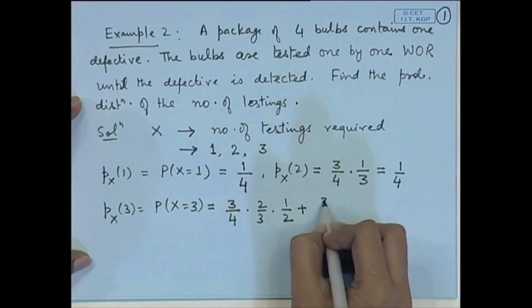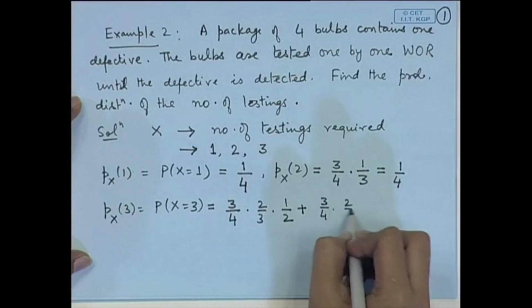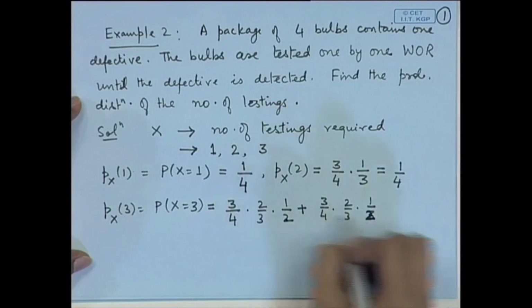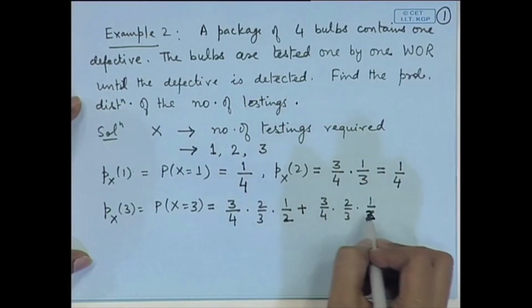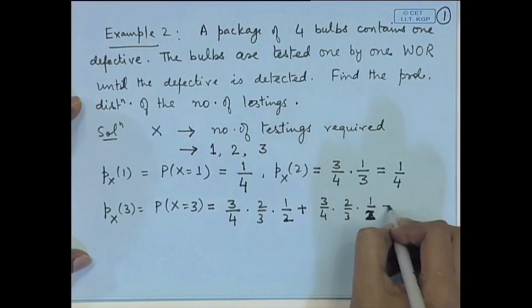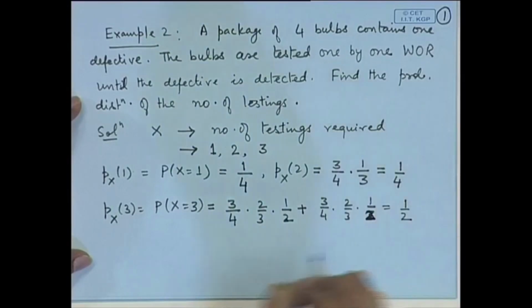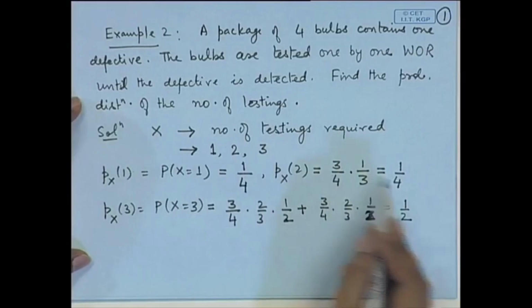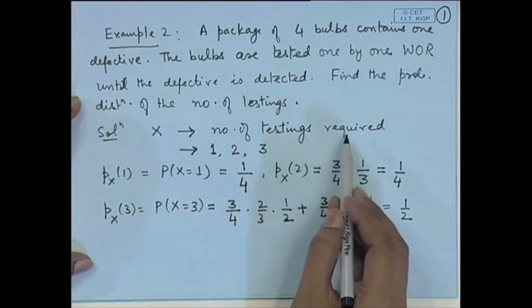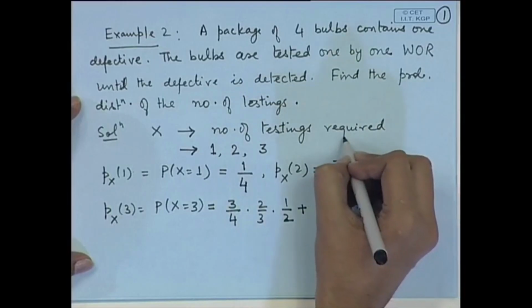We should also take into account the possibility that the third one is non-defective, because either it is defective or not defective, in both cases the outcome is known that the fourth one will be defective or not. So, it is actually equal to half. So, this is the probability distribution of the random variable X, which is the number of testings required.